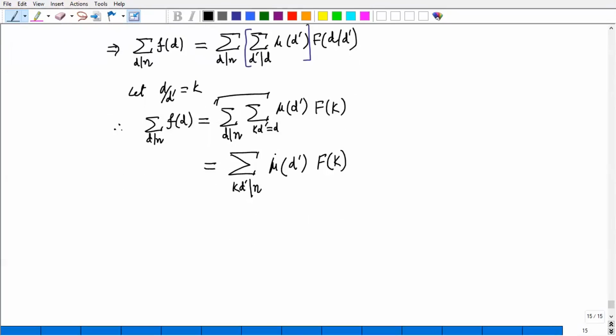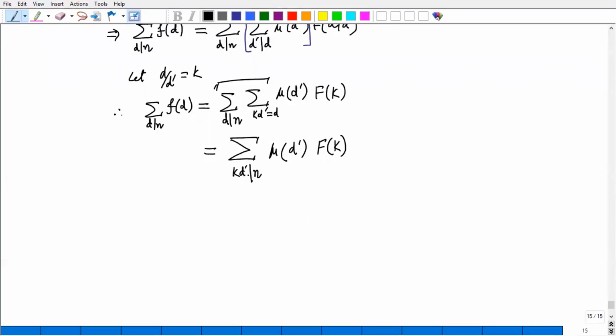And now, because k d prime is a divisor of n, d prime is a divisor of n by k. Because d prime is related to μ(d prime), we can separate that sum dedicated to μ(d prime).